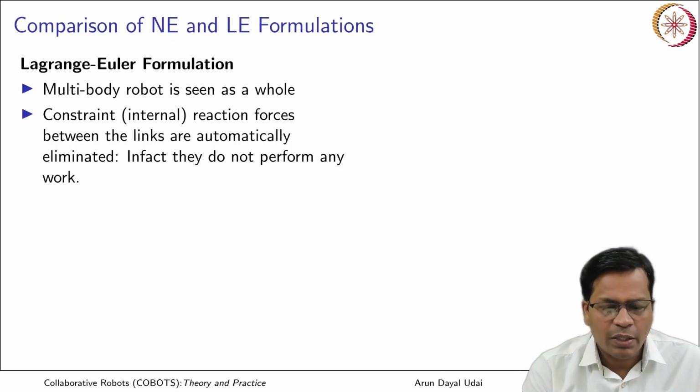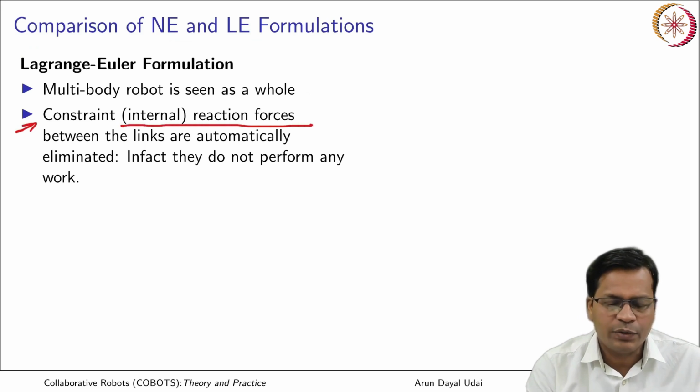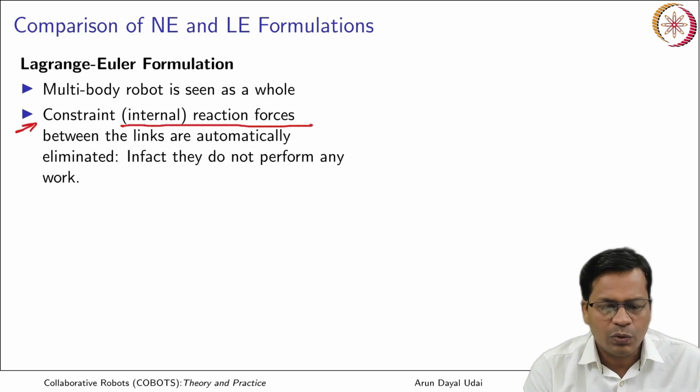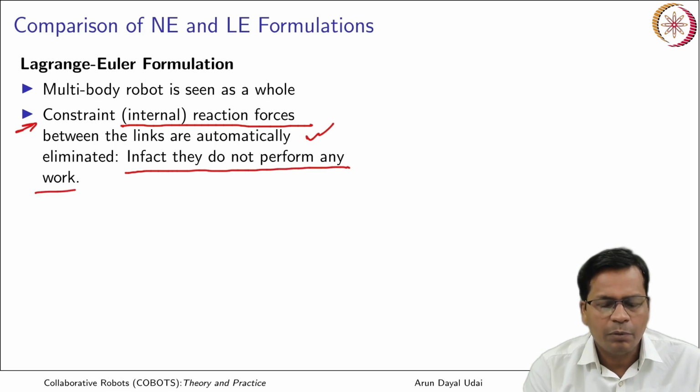Okay. So, the constraints that are there, that is the internal reaction forces F01, F12, that is the reaction forces between the links, are automatically eliminated. In fact, they do not do any valuable work. So, that is the reason they get automatically eliminated.